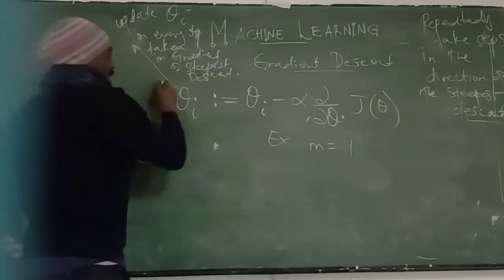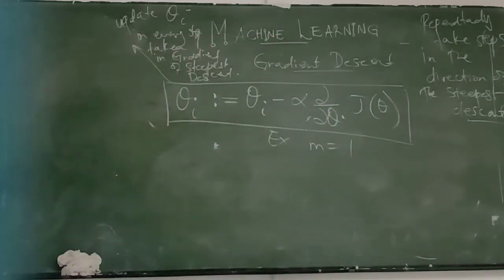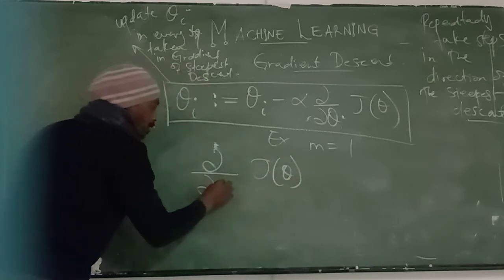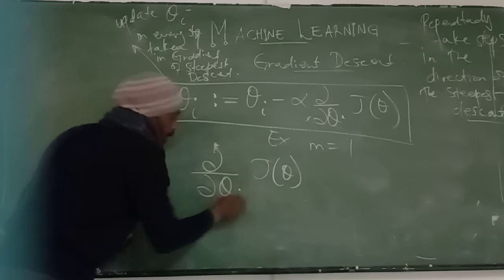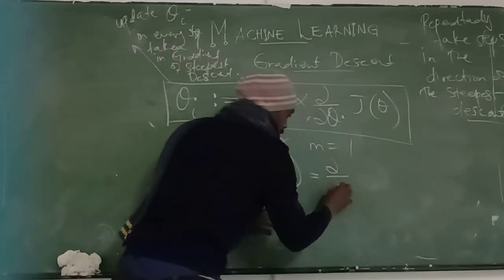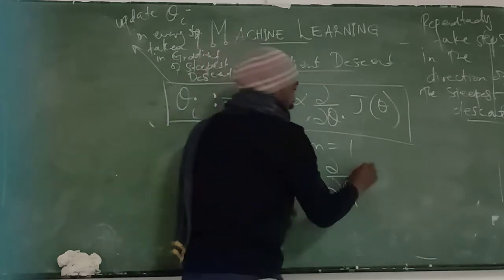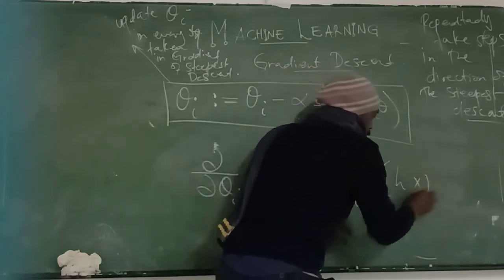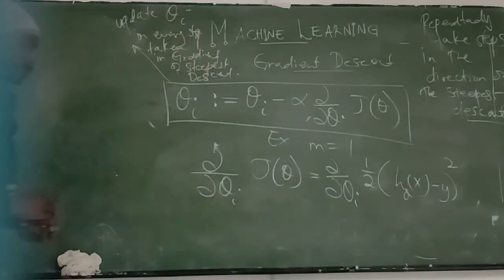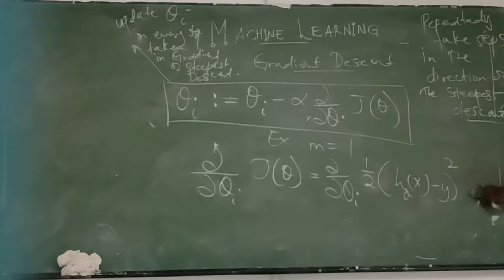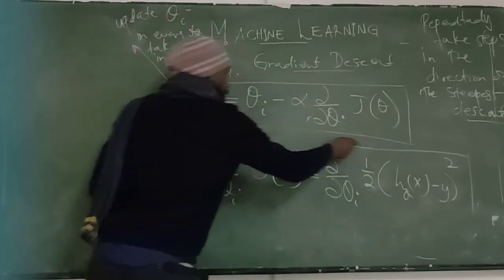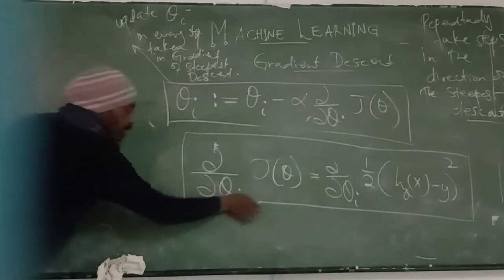Then how would we write it? Say m is equal to 1, therefore the partial derivative of J of theta must be given by the expression here. So this is how we would write the derivative.